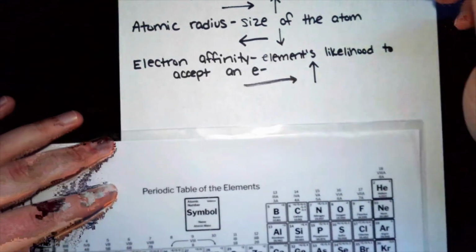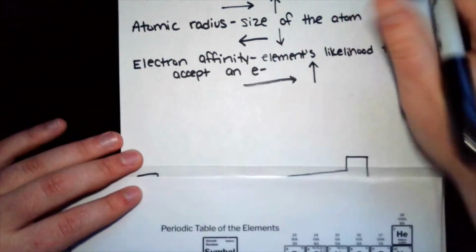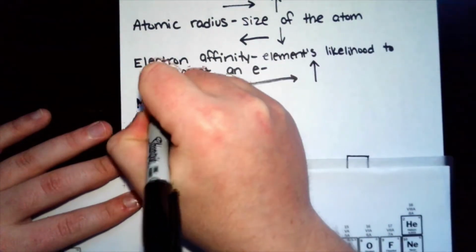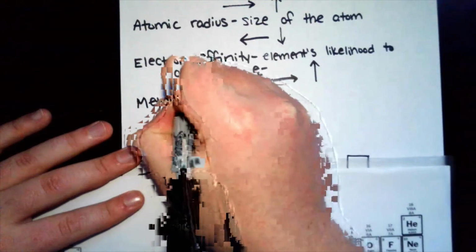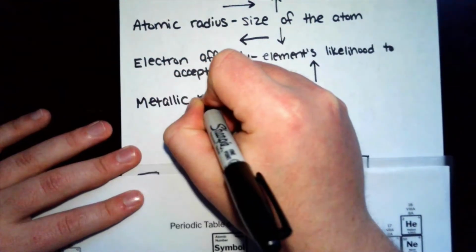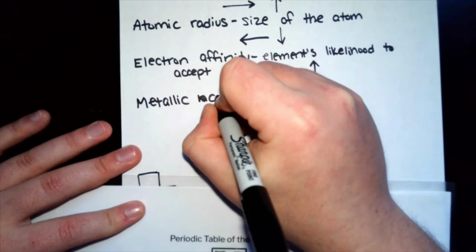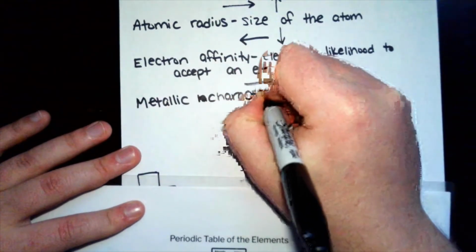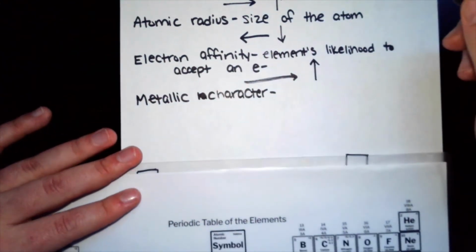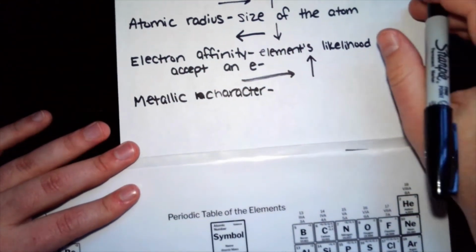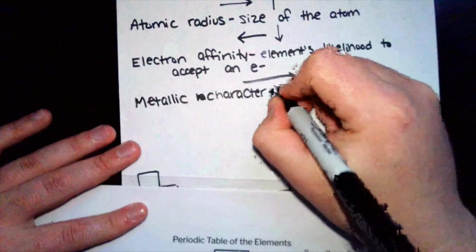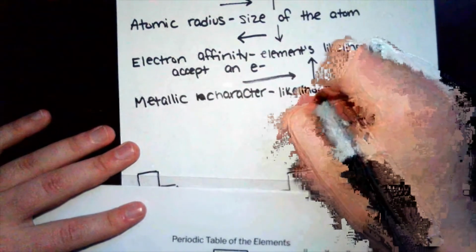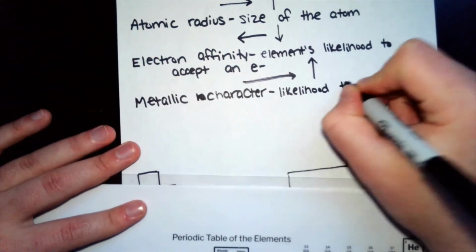All right, and the last trend I'm going to talk about here is called metallic character. So metallic character basically just means its likelihood to behave like a metal.